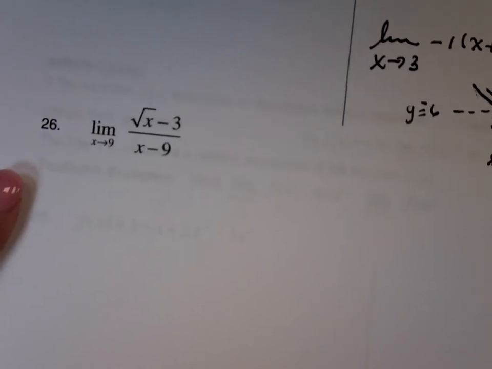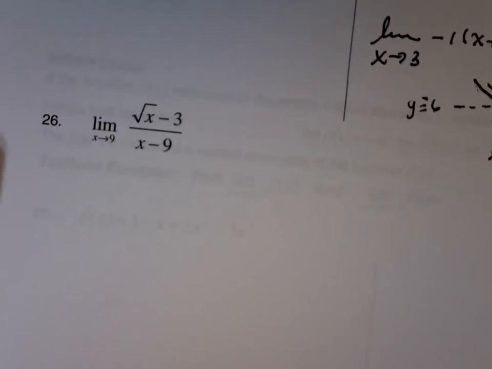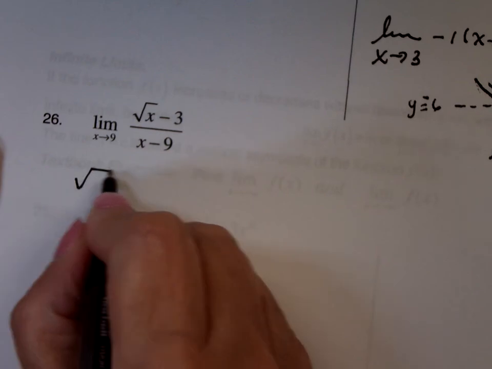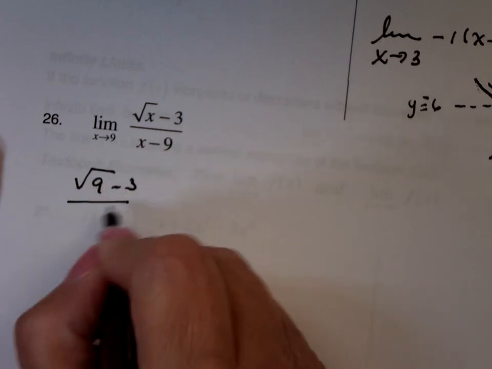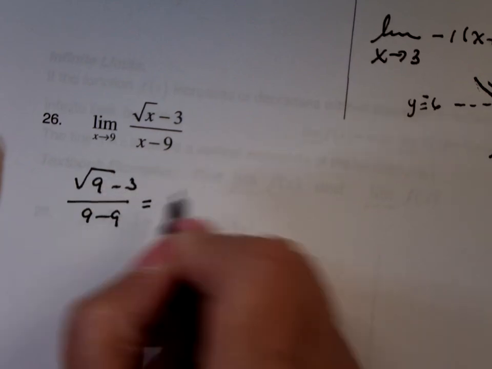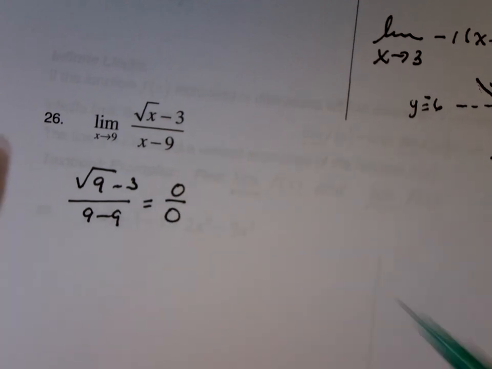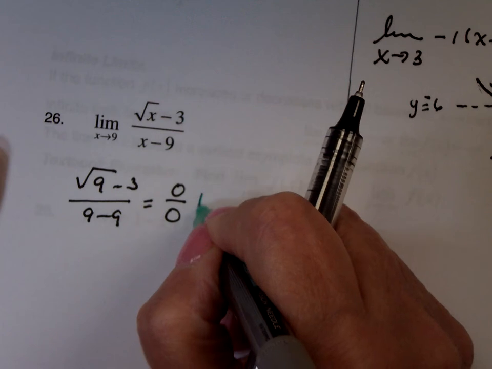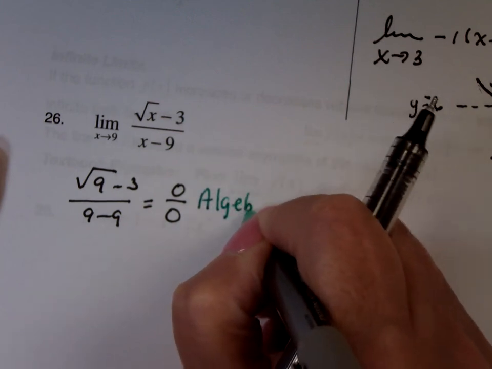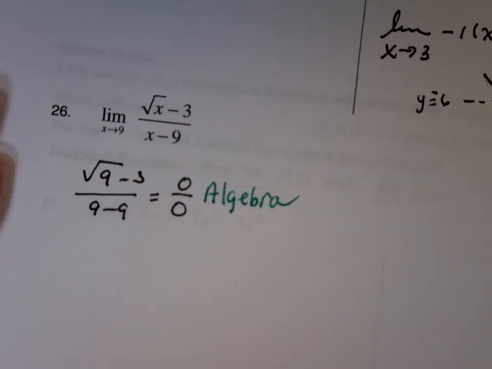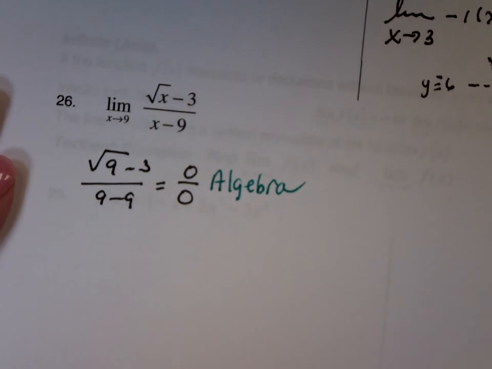Okay, here we go. Plug it in. Square root of 9 minus 3 over 9 minus 9 is 0 over 0. So now we know it screams the word algebra. And the next question is, what algebra do I need to do?